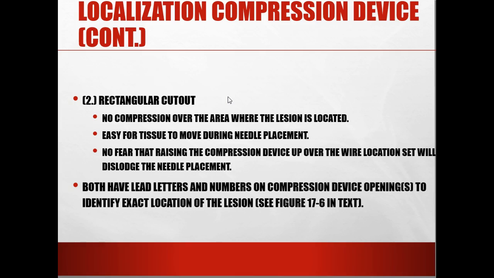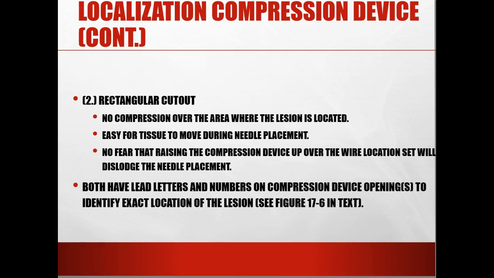So the advantages of the circles, for me, that was the one that I preferred. It just is easier to localize the area that you're going after, because you have so many defined places to choose from. Because remember, you're going to leave the compression on through the entire procedure. And the other thing is it compresses the tissue a lot better.